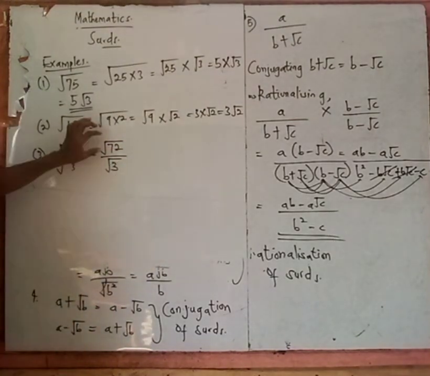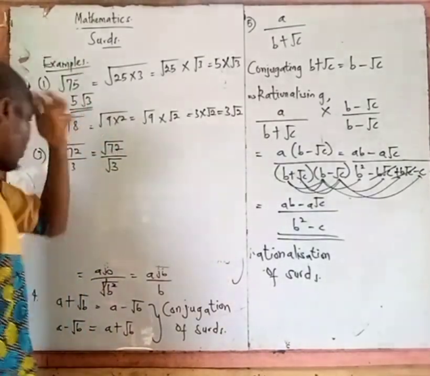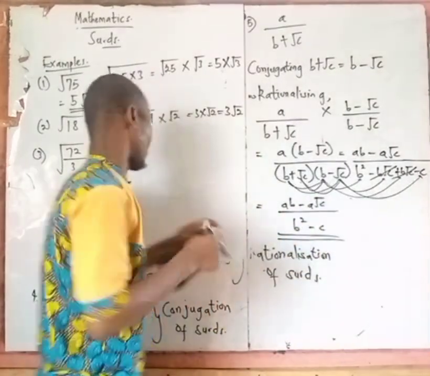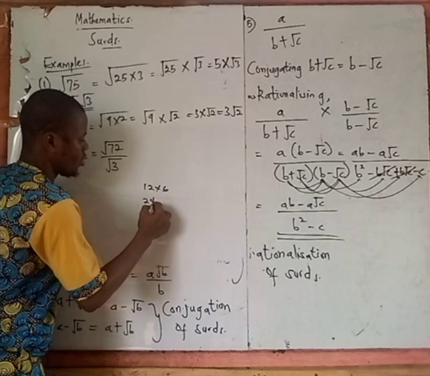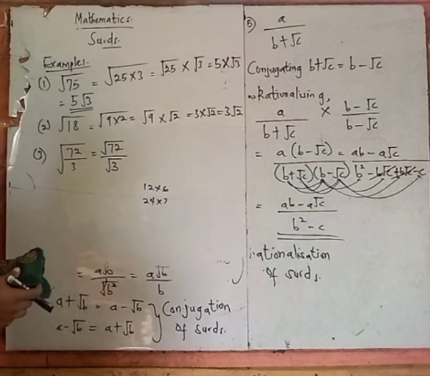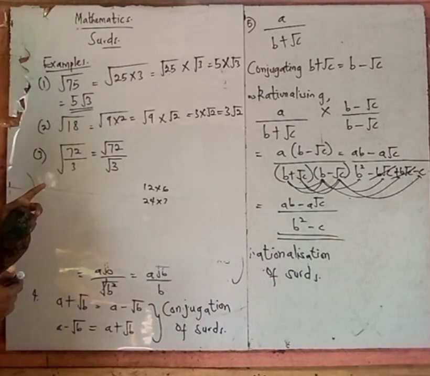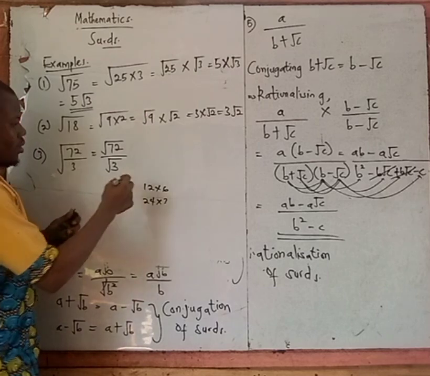So how can we simplify square root of 72? You can do it as 12 times 6, since 12 times 6 will give us 72. 24 times 3 will also give us 72. So you can use either of these to simplify 72.